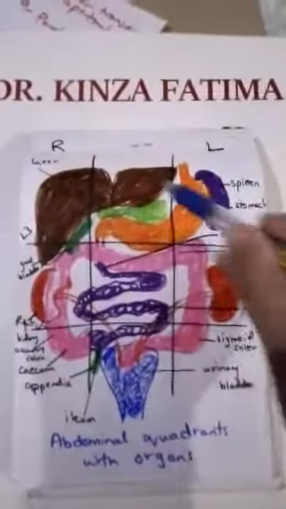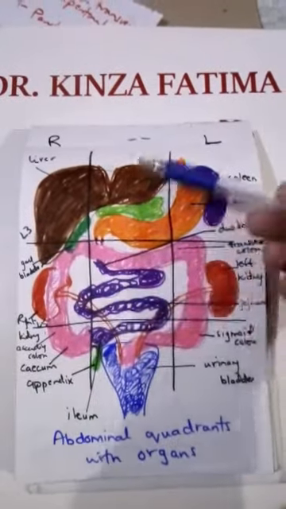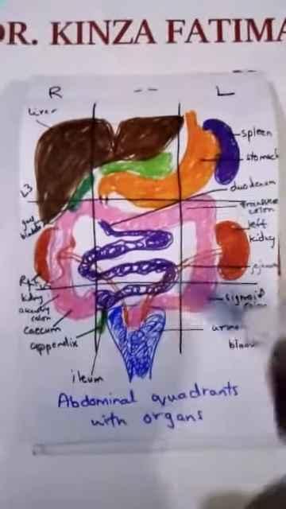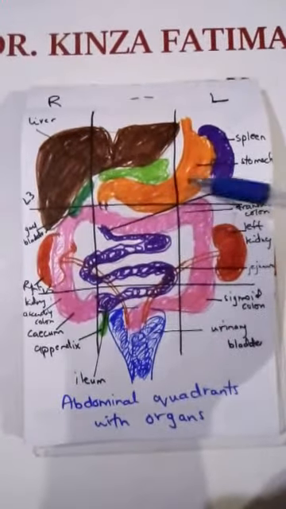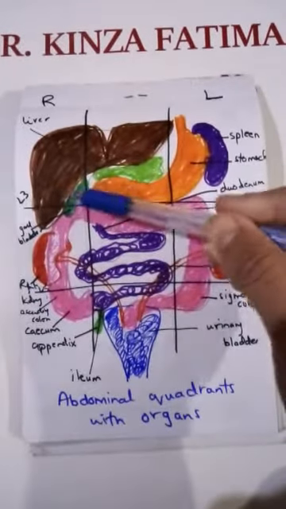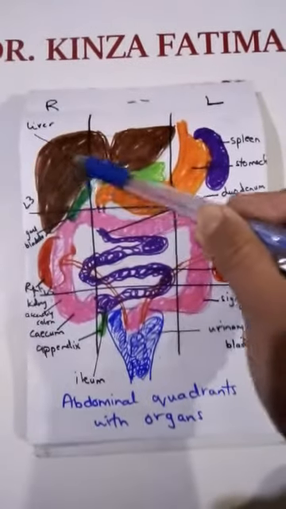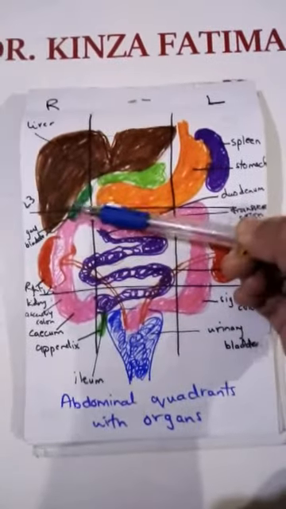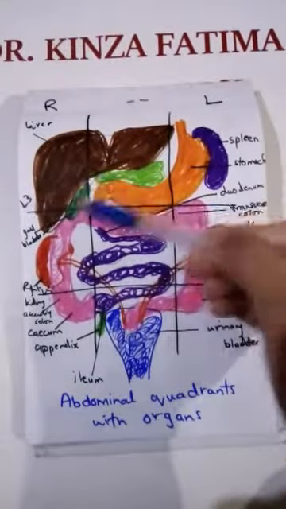Overall, the abdomen is soft in consistency, and its contour is not rigid. You can palpate the muscles and the abdominal viscera easily. But if there is any infection or inflammation of an organ, like gastritis, cholecystitis or appendicitis, then the quadrant becomes tender. The word tender is used when a specific area of the abdomen is inflamed underneath, and when the patient is examined by palpating, the patient feels pain in that specific area.